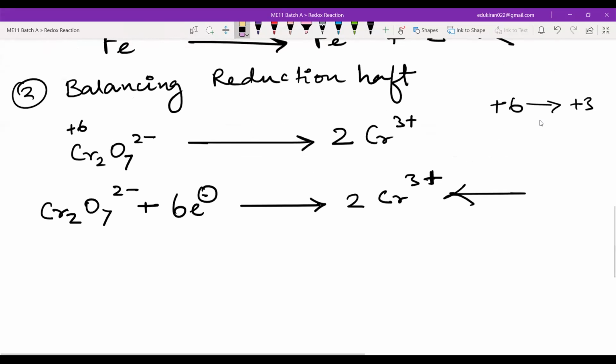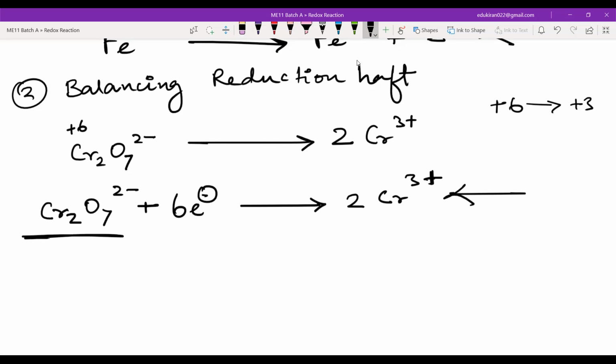Now here, what we have to do, we have to balance the oxygens also. As you can see there is H plus here, it means we have an acidic condition. That means we can add. Is it balanced right now? Tell me now, is the charge balanced?